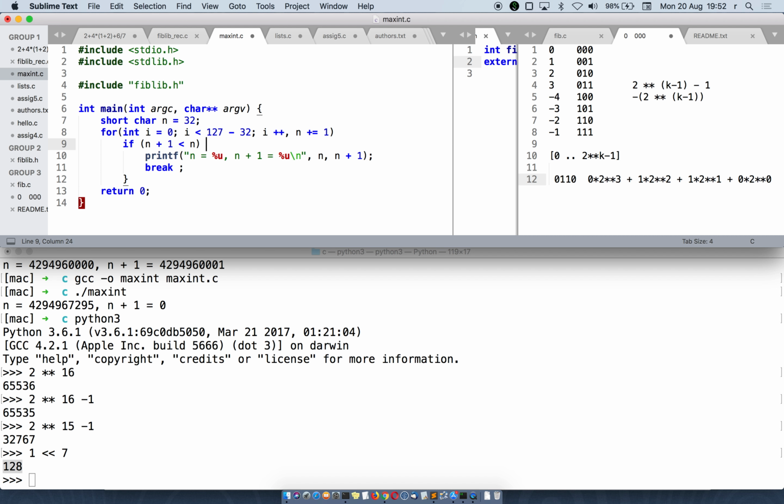So I don't want an if, I'm just going to print n equals percent c. I don't care about n plus 1. Guess what? This is the character code.